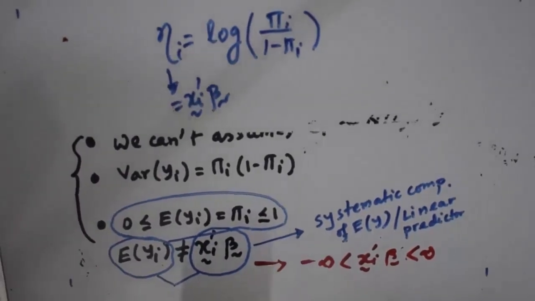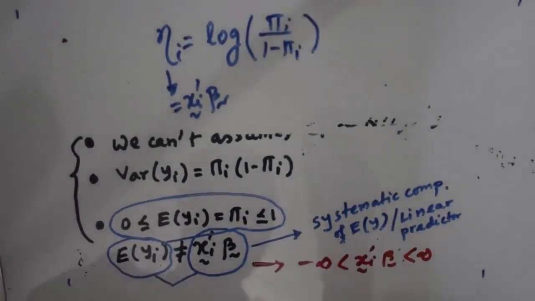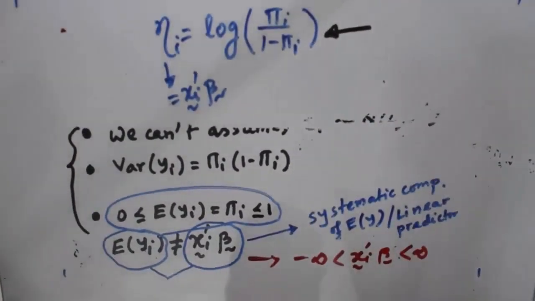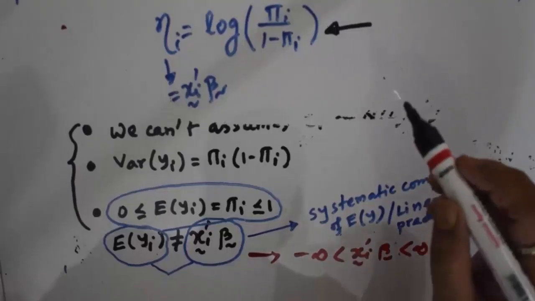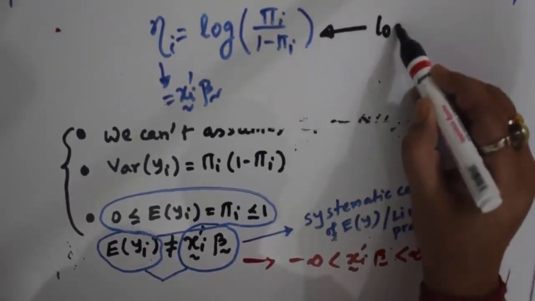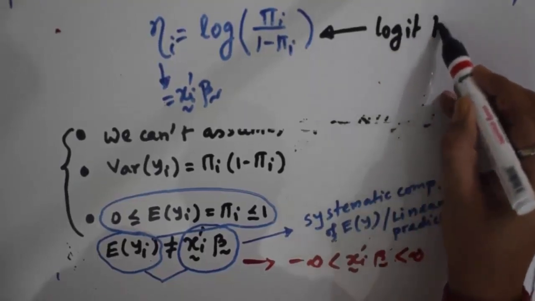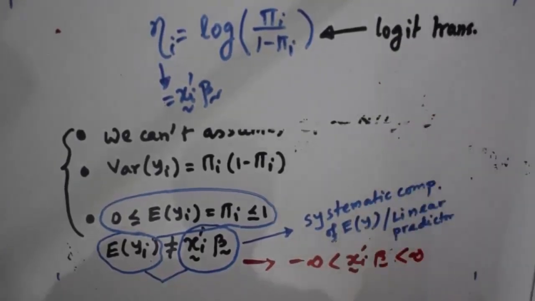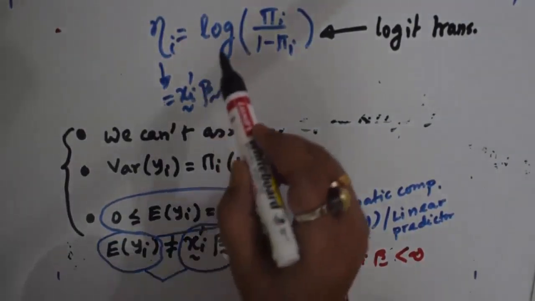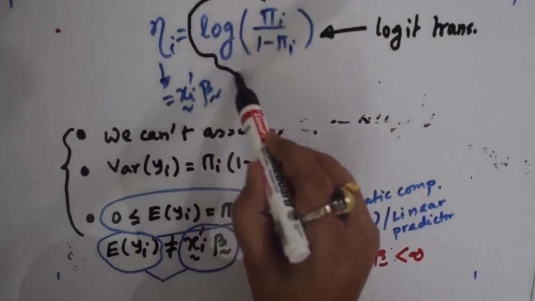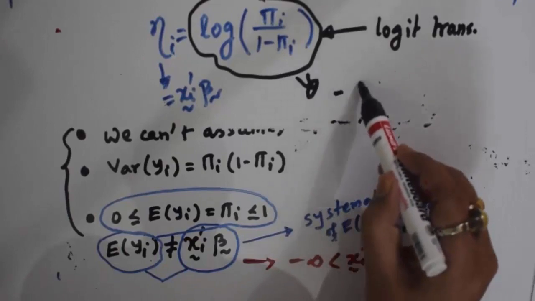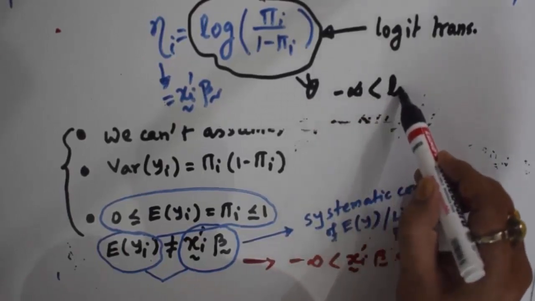This is called the logit transformation. And now we see that this value lies between minus infinity and plus infinity.